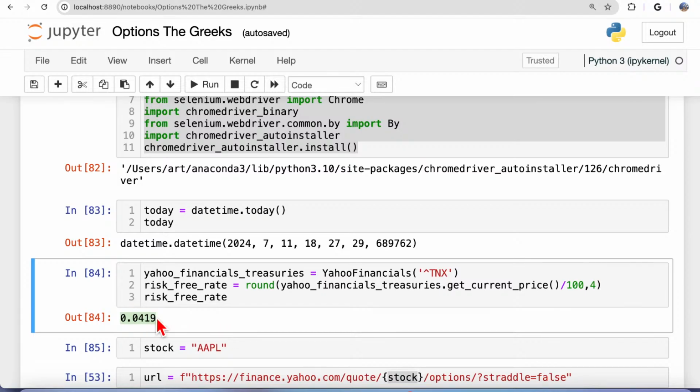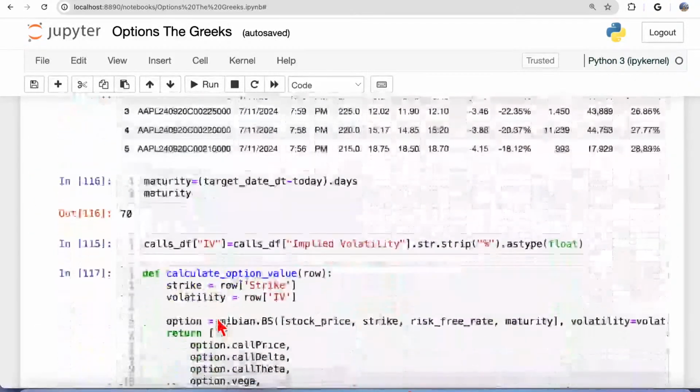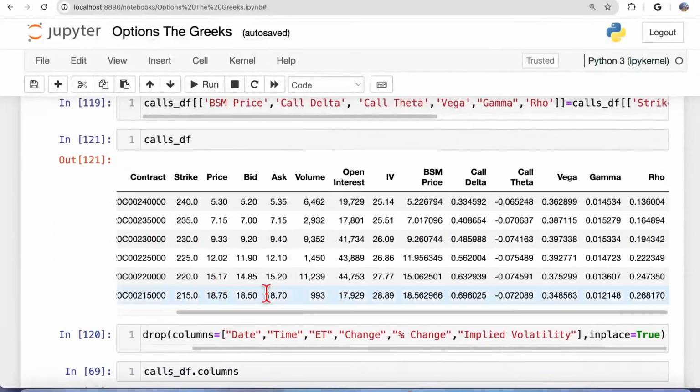So right now the risk-free interest rate is roughly around this number, right? But what will happen if the Fed lowers rates in September? Then you could take a look at this value and say, all right, the price of the contract will change by 19 cents. You see? So then it will be really, really important.